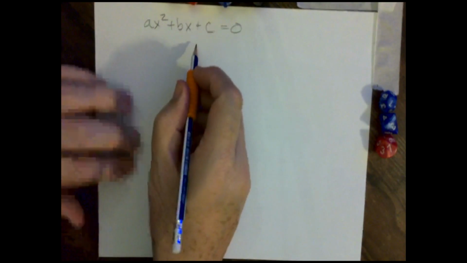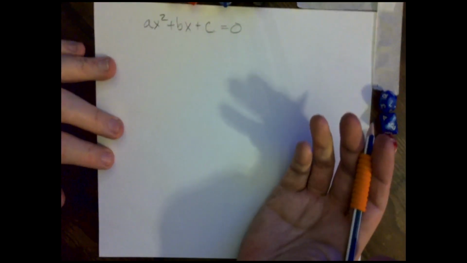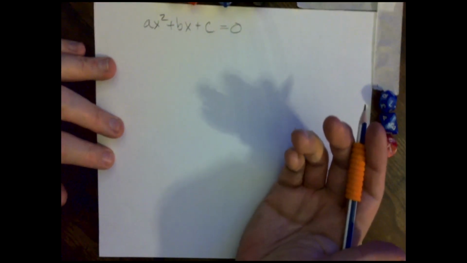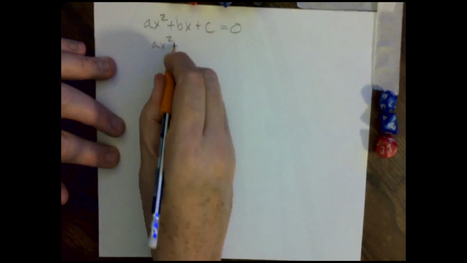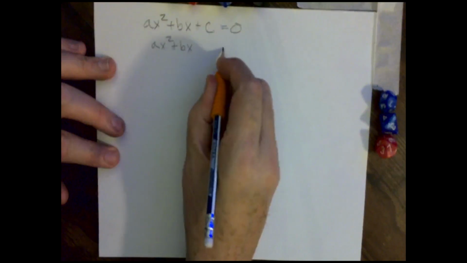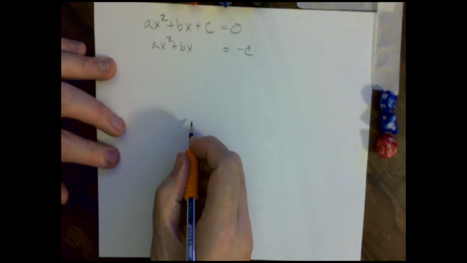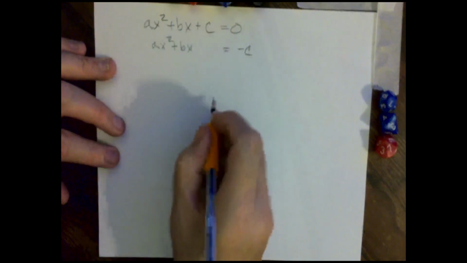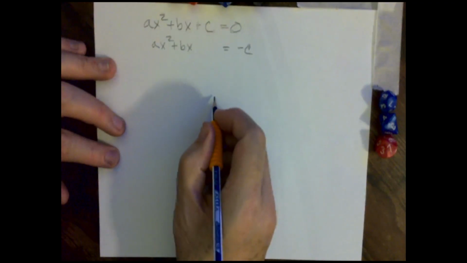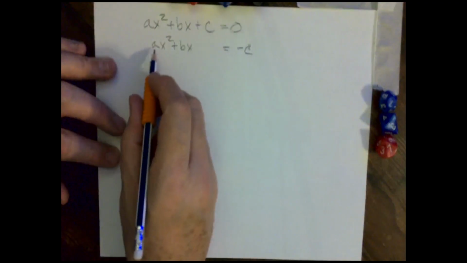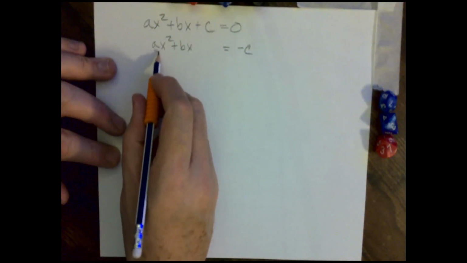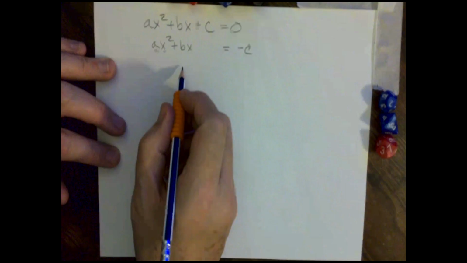First thing we want to do is complete the square. We're going to derive the quadratic formula. So first thing we're going to do is we just want x terms only over here. Add negative c to both sides. And then we want to get rid of this a in front of the x squared term.